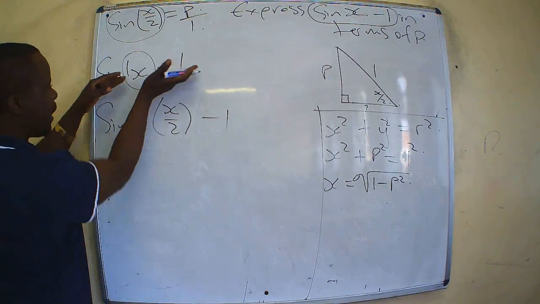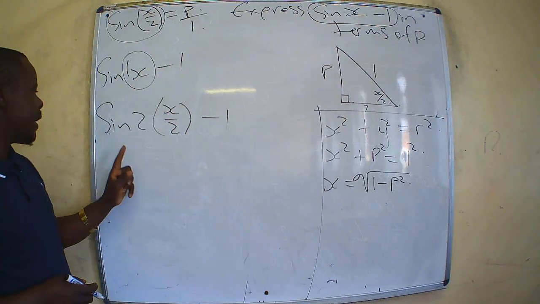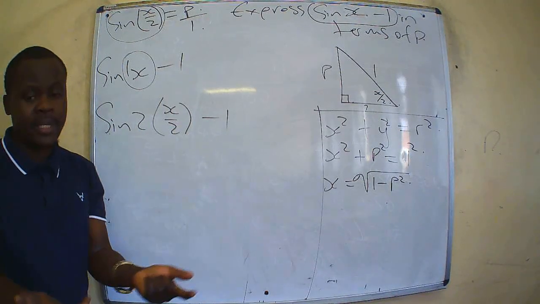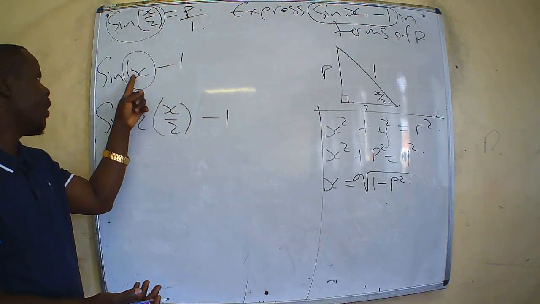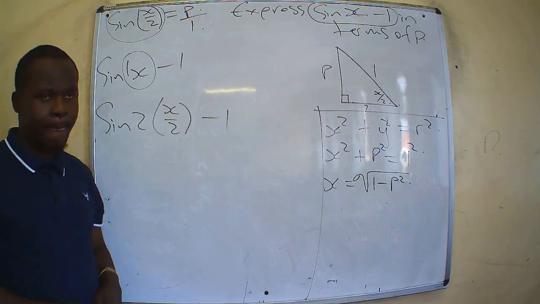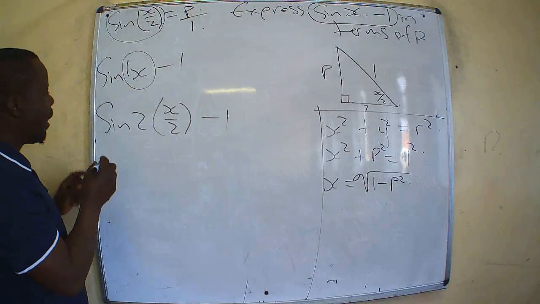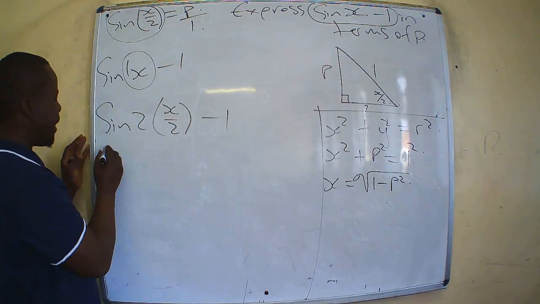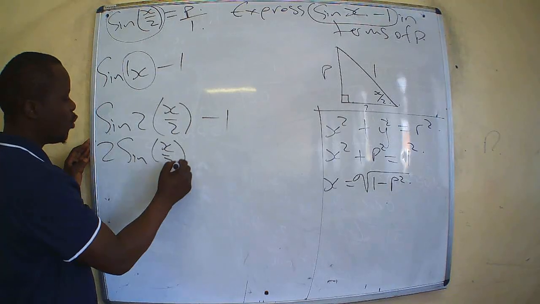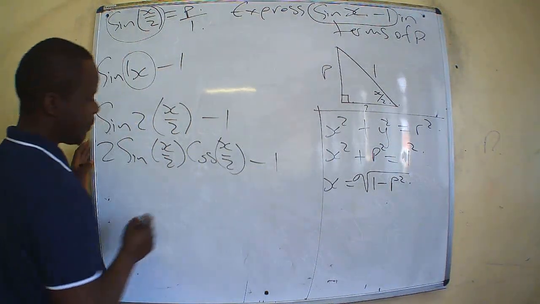Simplifying this, it will still give you 1x, so 1x and 2 times (x over 2) are the same thing. So we have a double angle here. Now, what is the double angle identity for sine? It is 2 sine (x over 2) cosine (x over 2) minus 1.